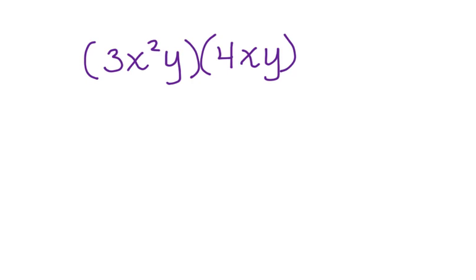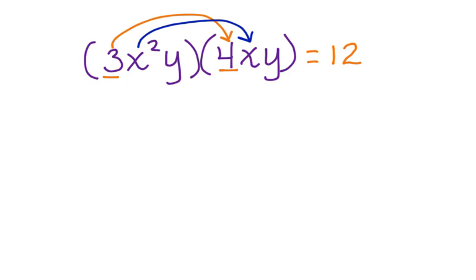Let's start with how you can multiply two monomials. 3x squared y times 4xy. Well, we can break this down and multiply each part. First, we can multiply the coefficients. 3 times 4 gives me 12. Next, we can multiply the x's.